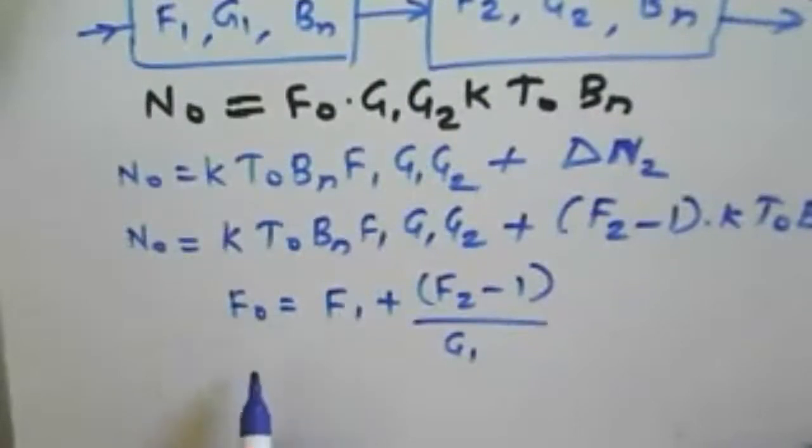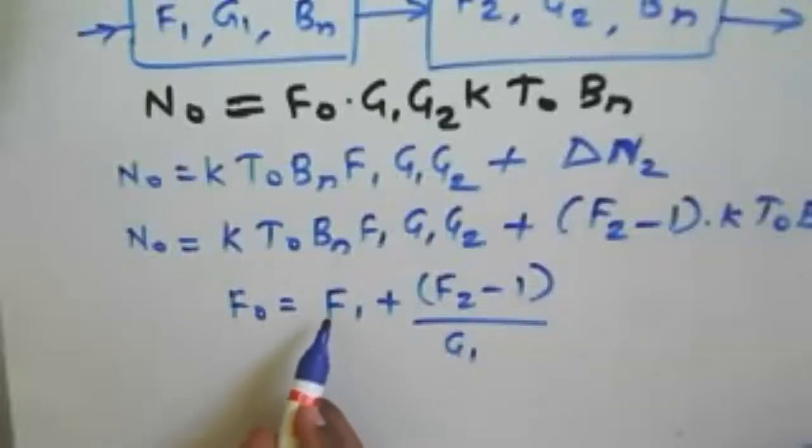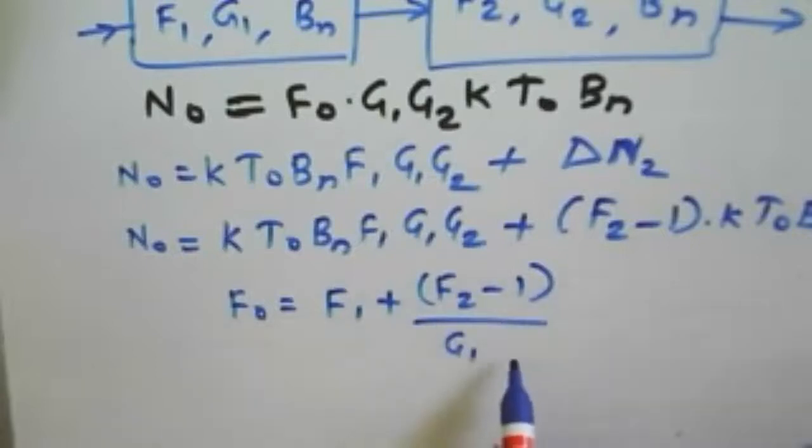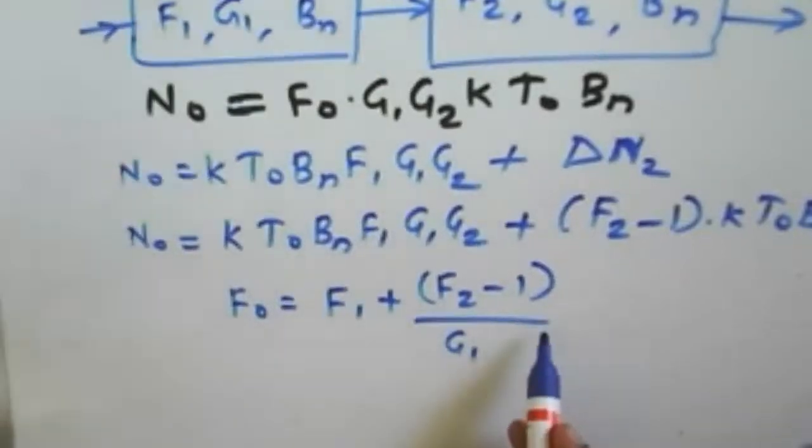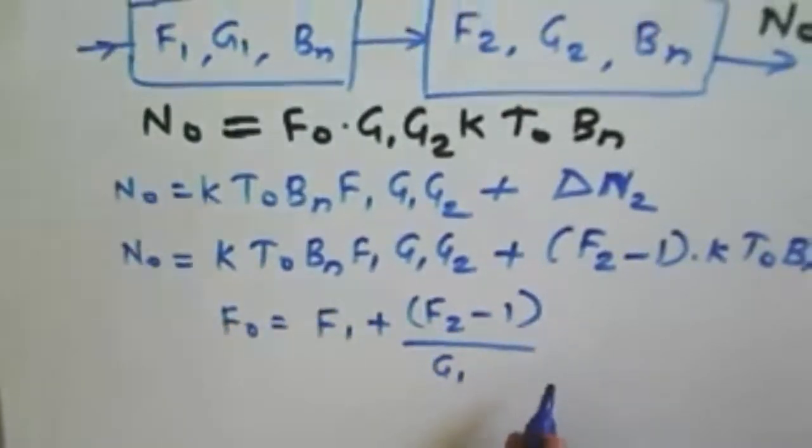F0 is equal to, as we have already seen, N0 over k T0 Bn G1 G2. So we get the F1 term here, and G2 gets cancelled, since we have G1 G2 for this division. So we have this particular term.